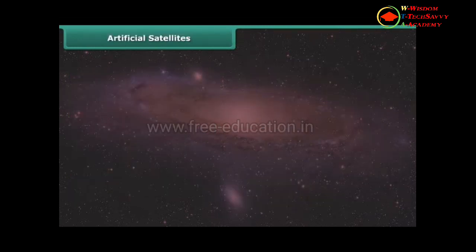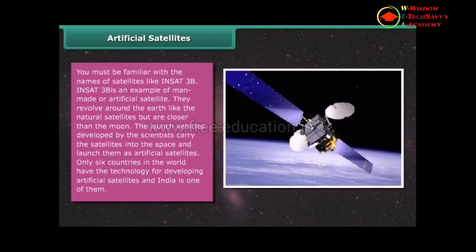Artificial satellites. You must be familiar with the names of satellites like INSAT-3B. INSAT-3B is an example of a man-made or artificial satellite. They revolve around the Earth like the natural satellites but are closer than the Moon. The launch vehicles developed by the scientists carry the satellites into space and launch them as artificial satellites.